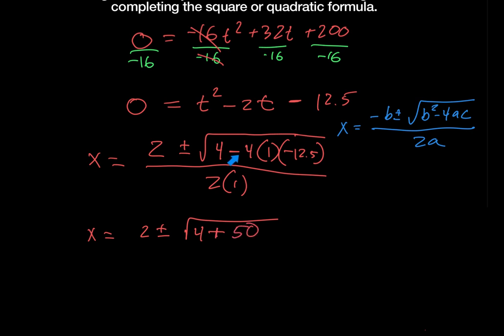Again, negative times a negative is positive 50. All over 2 times 1, which is 2. So now I have 2 plus or minus the square root of 54, over 2. What's the square root of 54 equal to?